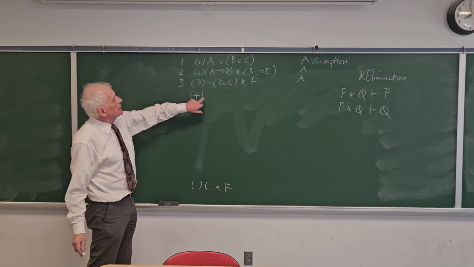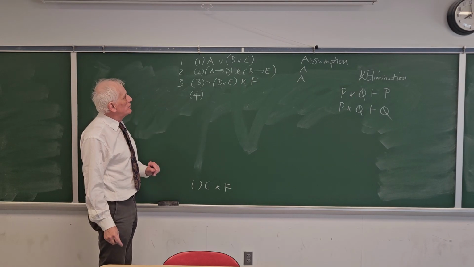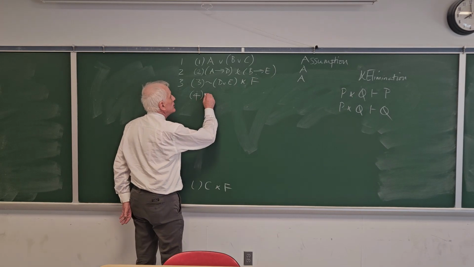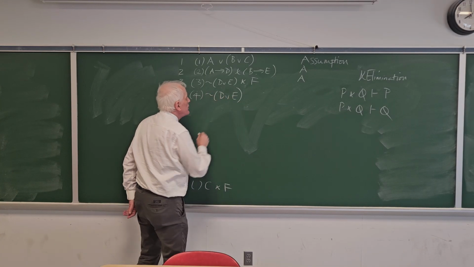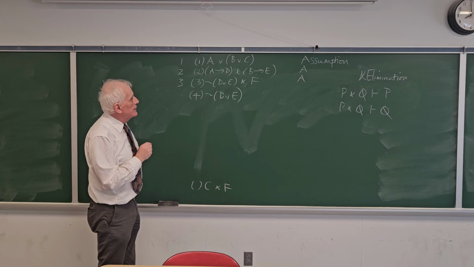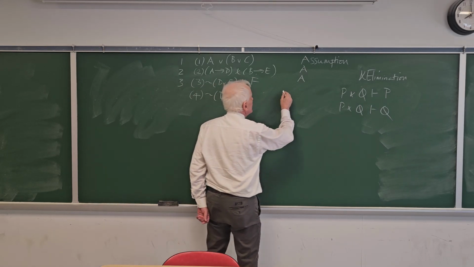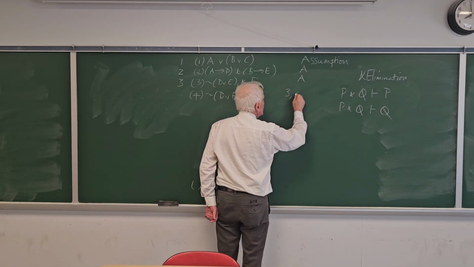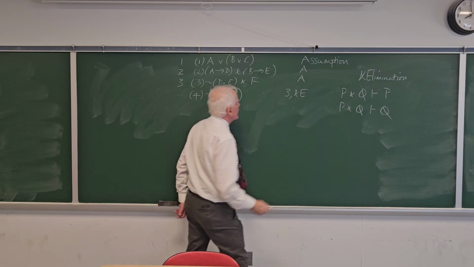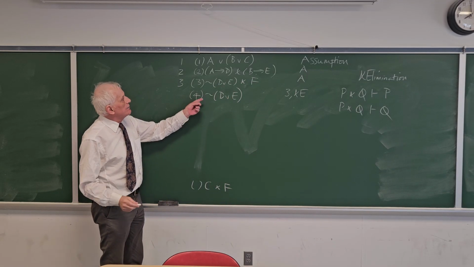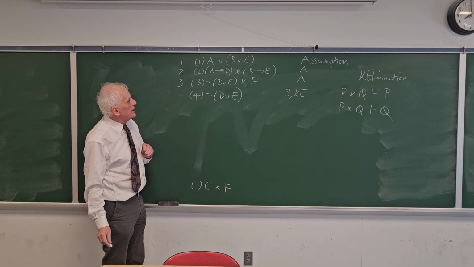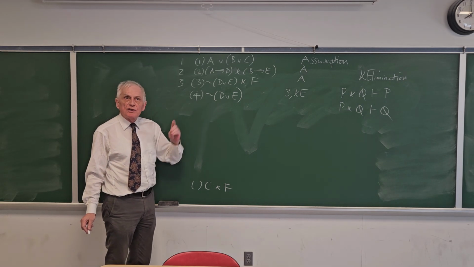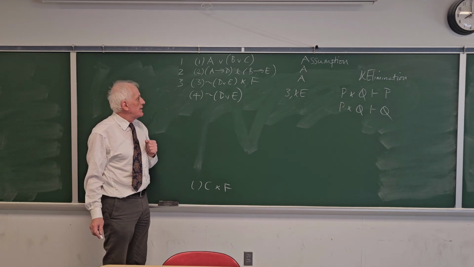So for example, on line 4, we could write neither D nor E, and over here we would say 3 ampersand elimination, because the sentence on line 4 has come from the sentence on line 3 using the truth-preserving rule ampersand elimination.